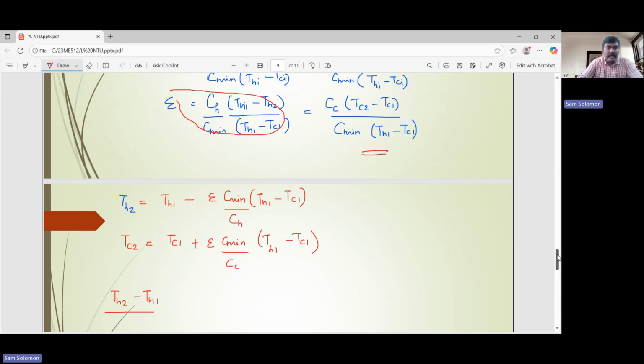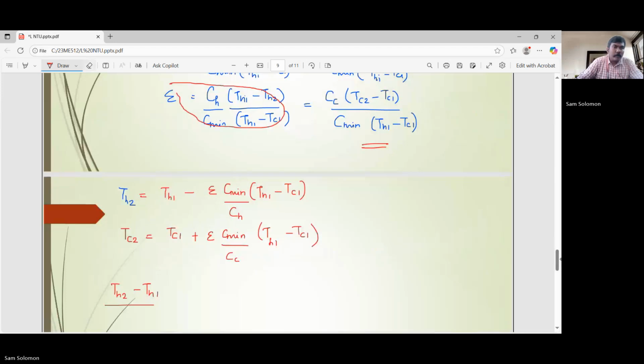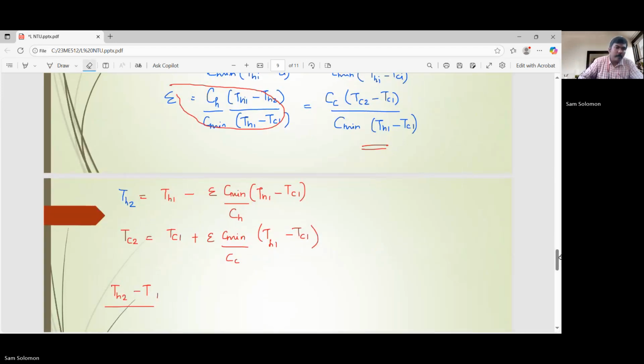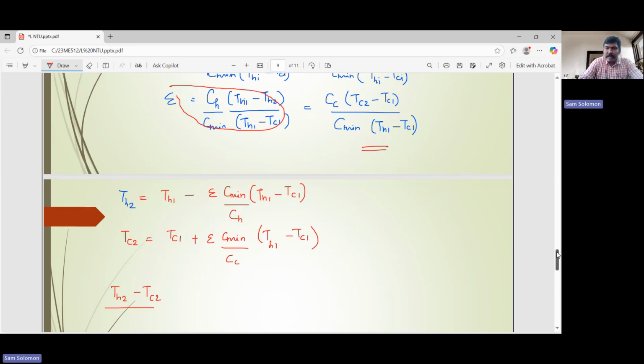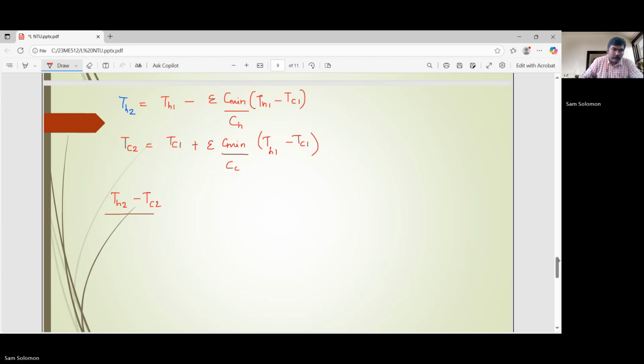So (TH2 minus TC2) divided by (TH1 minus TC1) is going to be equal to exponential of minus NTU into 1 plus R. So that is what we got.